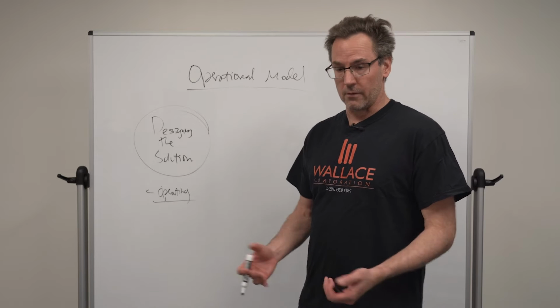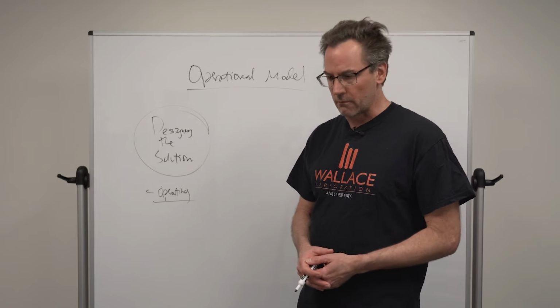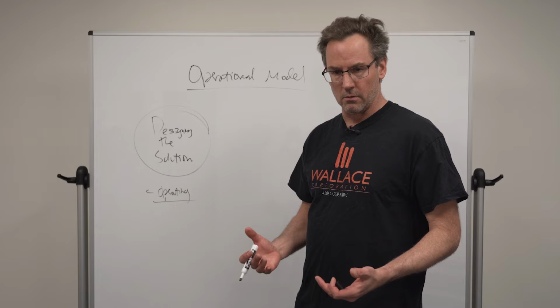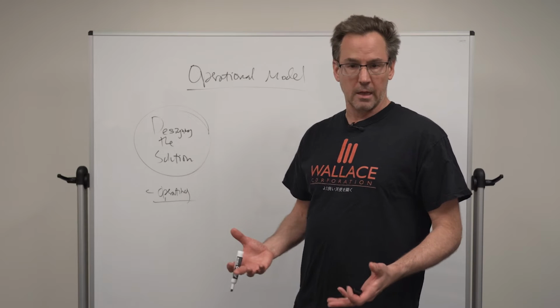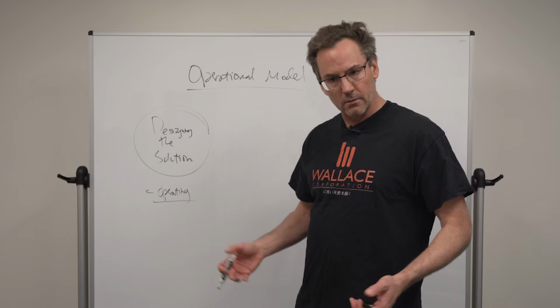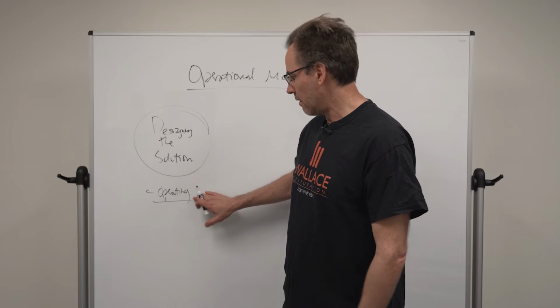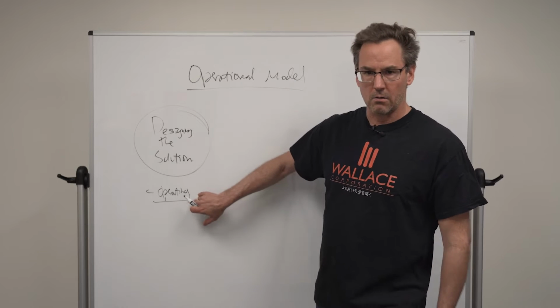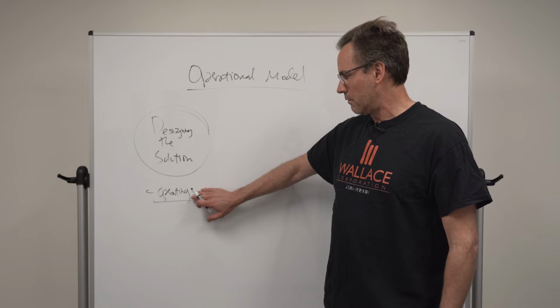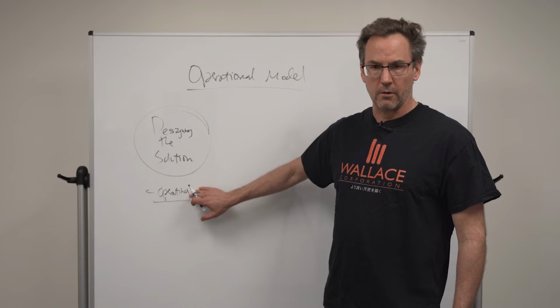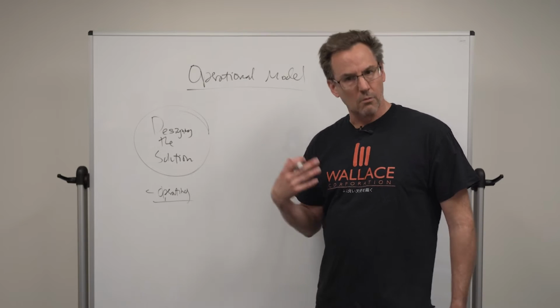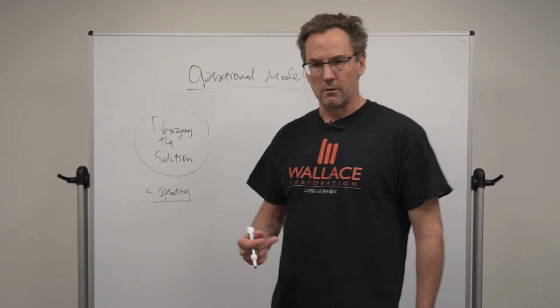What kind of money do you have to work with? Can you afford to do a truck roll? Can you not afford to do it? Is it an unattended device in the field? Are humans using it? So there are a lot of things that go into the consideration when you're designing the solution relative to the operation that you have to enumerate, work through, consider as you do it.